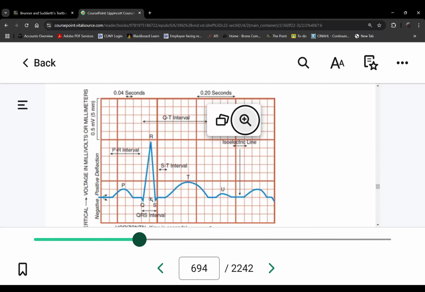That's how wide they should be. They should only be 0.1 or 0.12 seconds in duration.